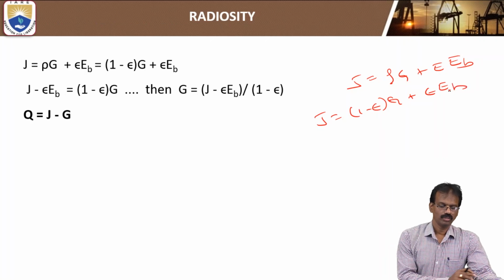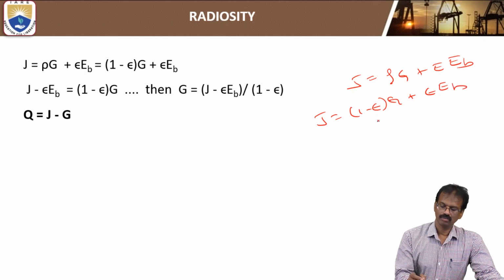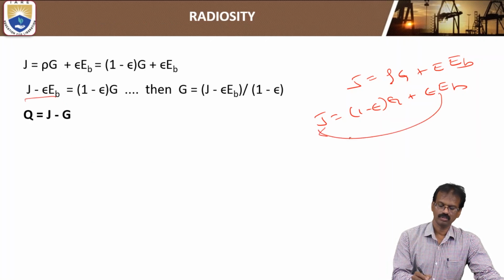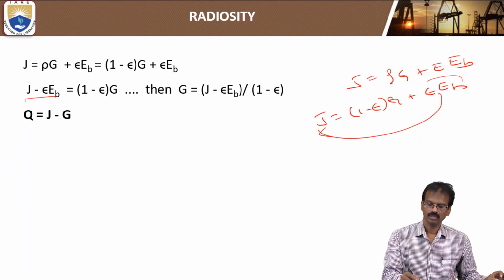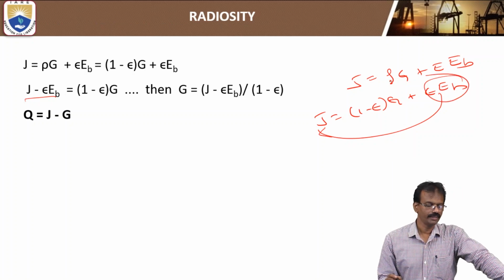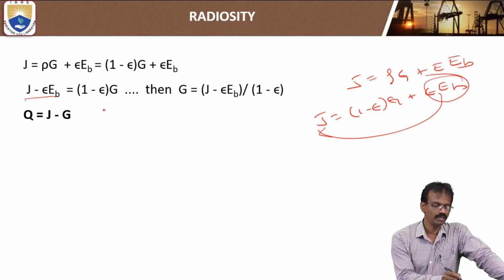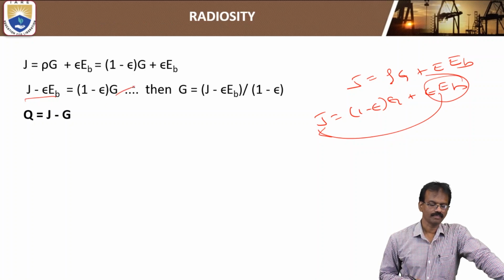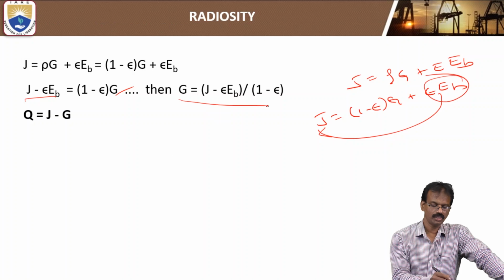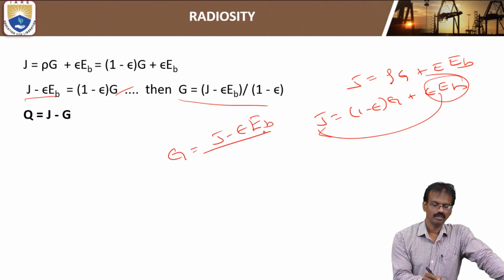Sending this term to the left hand side, J minus epsilon EB is equal to (1 minus epsilon) into G. Then G is equal to (J minus epsilon EB) by (1 minus epsilon). This is the G value.